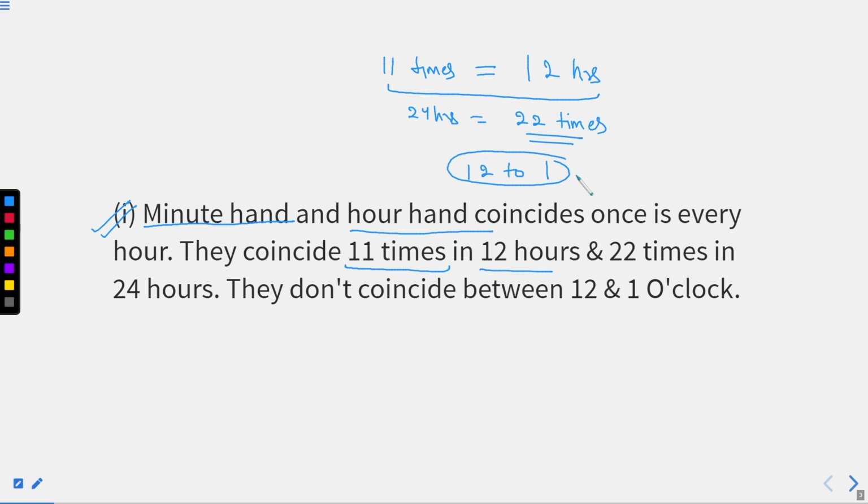This interval appears 2 times in a day. That is why the total is 22 times in a day. So how many times in a day do the hour hand and minute hand coincide? That is 22 times. I hope you are clear with the first statement.